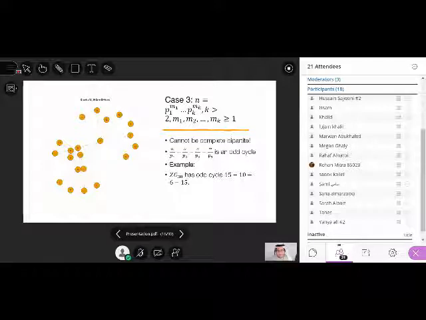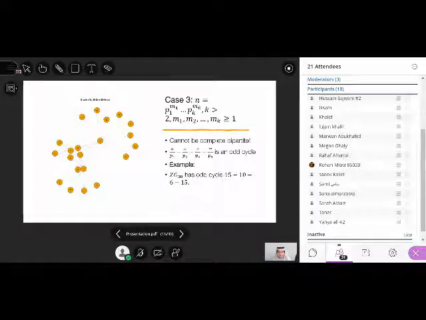N divided by P1 is in Vn, and that's the case with P2 and P3 as well. Now, n divided by P1 is adjacent to n divided by P2, which is adjacent in turn to n divided by P3, which again goes back to n over P1. That's an odd cycle. So an example is Z30.